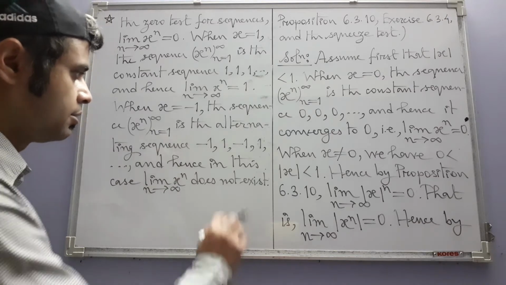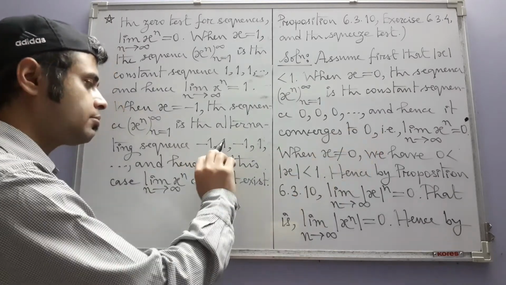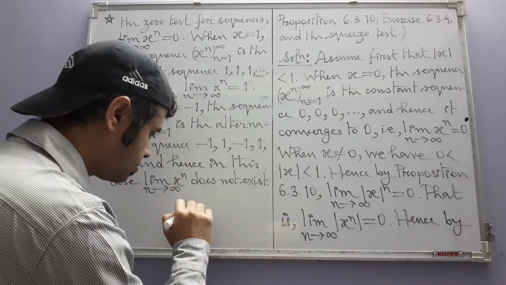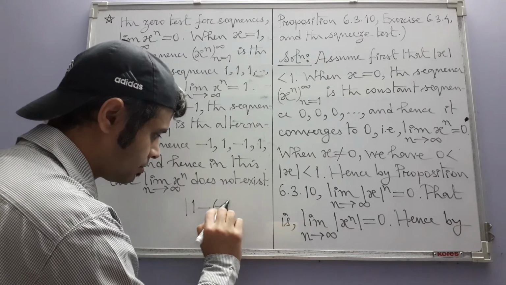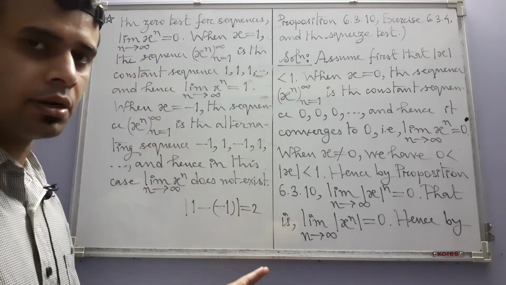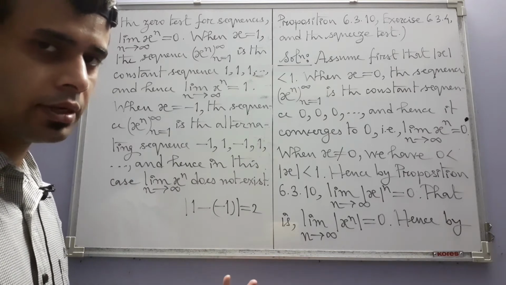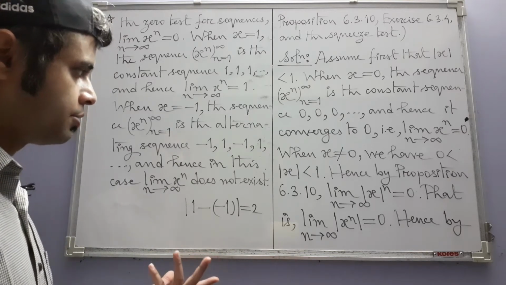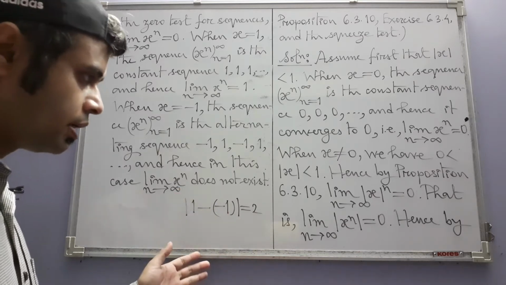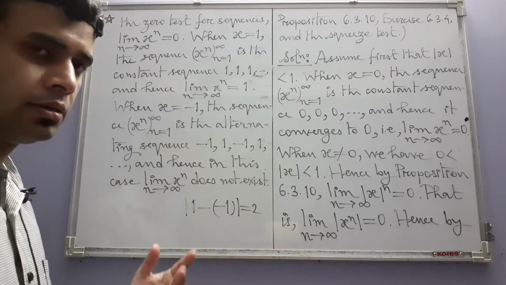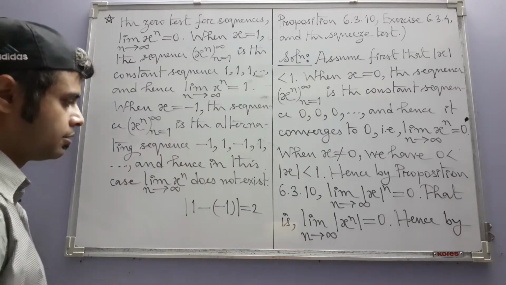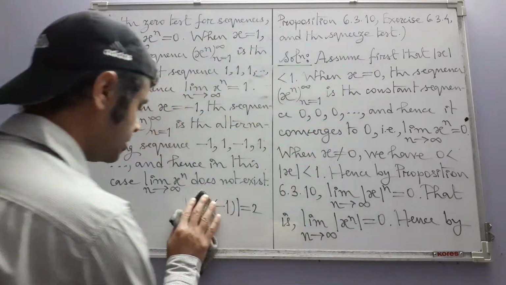That is because no matter how far you go, you will always have 1 and minus 1, and the distance between 1 and minus 1 is equal to 2. So you cannot make this distance less than epsilon if your original epsilon is less than 2. So that is why this is not a Cauchy sequence, and since we have already proved that for real sequences Cauchiness and convergence are equivalent, this is divergent. In other words, the limit does not exist.